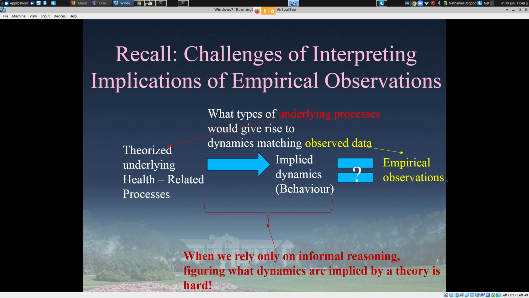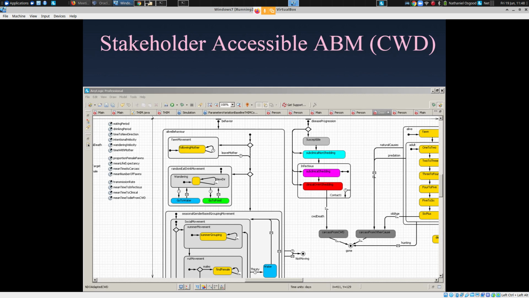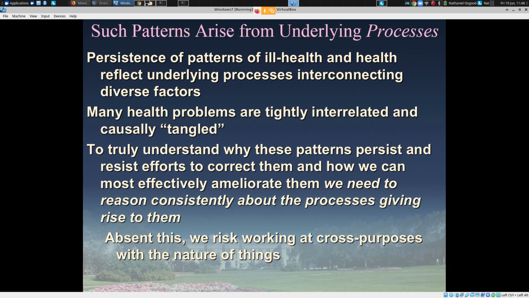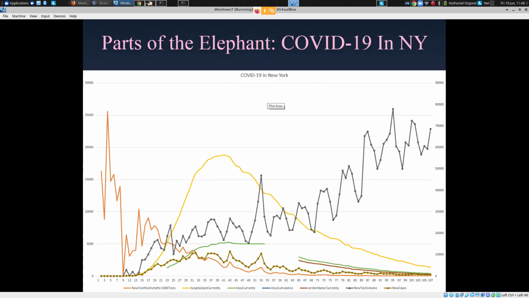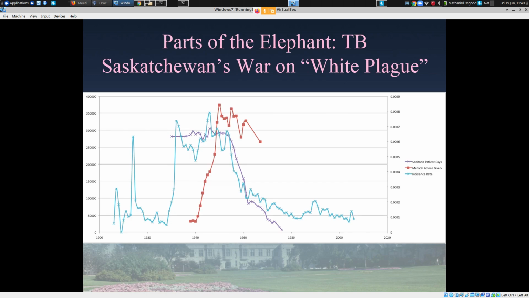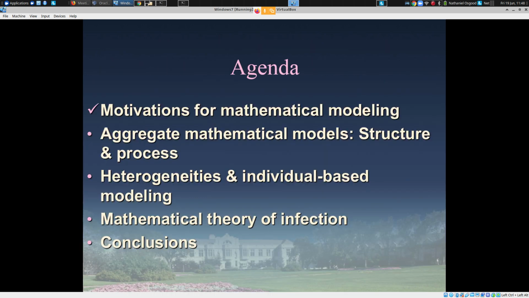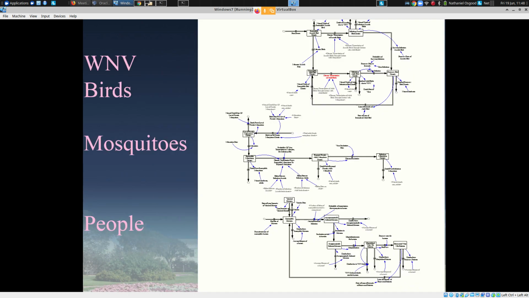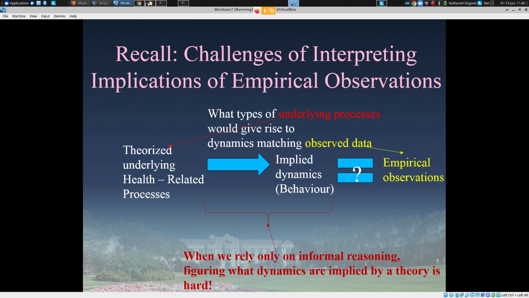Well, coming back to some of those challenges we saw earlier, look, so much of our challenges in public health lie in making sense of this diverse evidence. Trying to turn this sort of evidence, or this sort of evidence, into some understanding about what's going on out there, some theory.